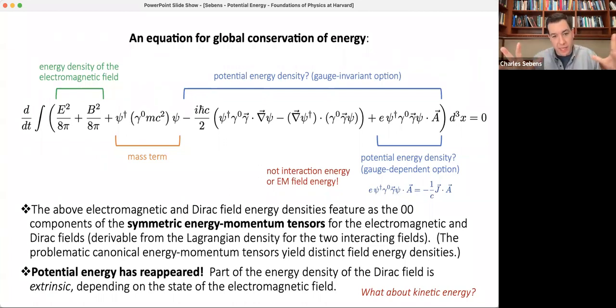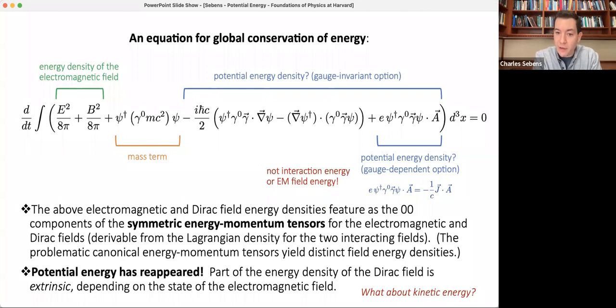When you look at this energy density for the Dirac field, there's a lot going on. You might wonder, does this include potential energy or not? Well, if you notice on the very far right of this big equation, there's the capital A, the vector potential. So it seems that part of the energy density of the Dirac field depends on what's going on with the electromagnetic field.